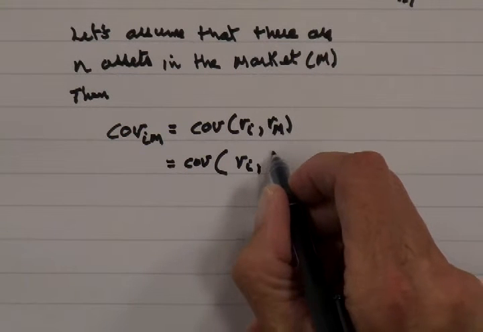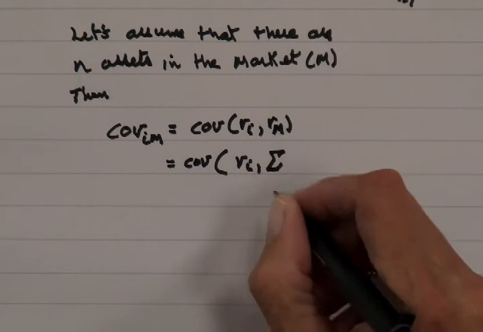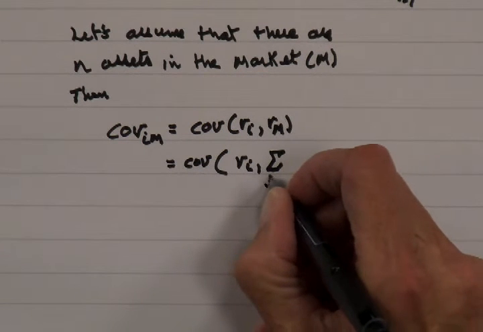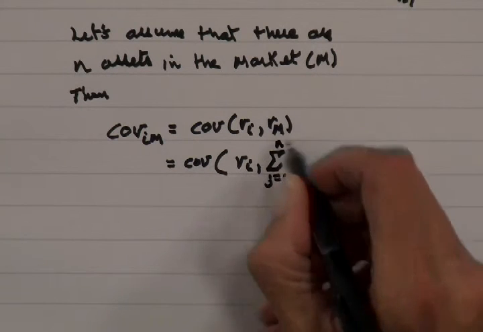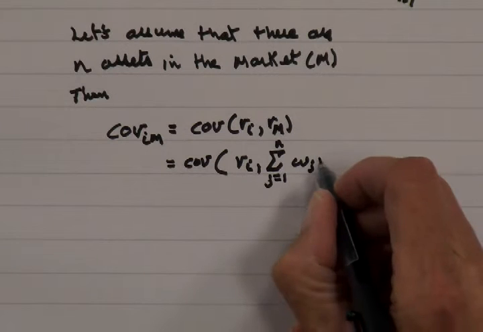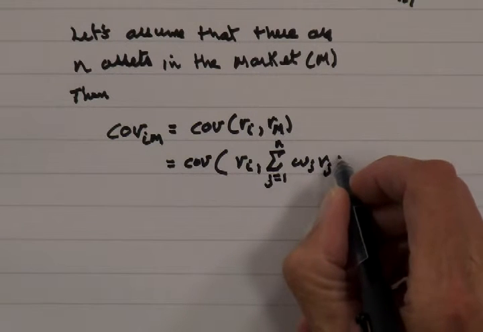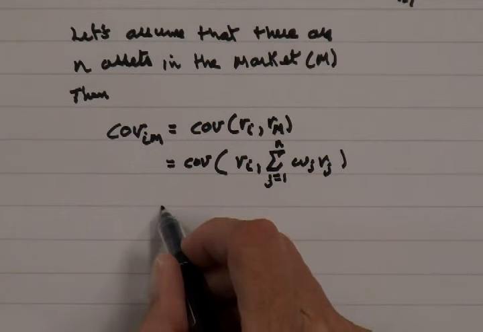We can say, now we have to take the covariance with every asset in M, equals the sum of Wj R bar j. And this equals what?